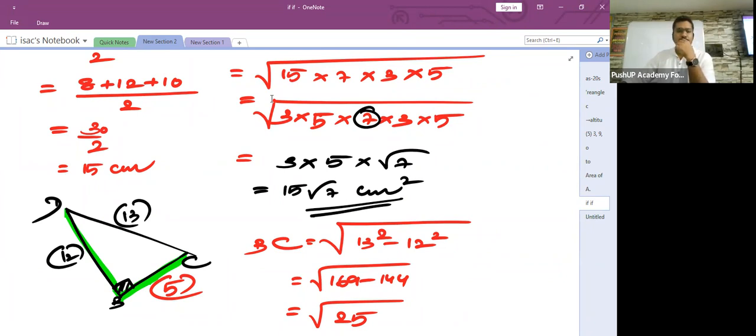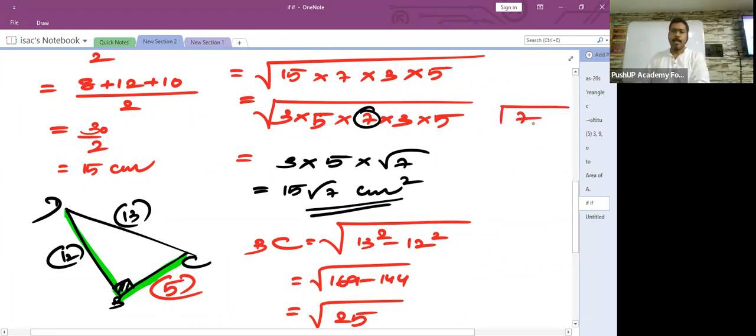Calculator? No, sir, I solved the sum with the long division method, like this, 7.0000. But nobody is going to ask you that. Don't worry about it, Mayur. So just leave the answer as 15 root 7 plus 30 centimeters square.